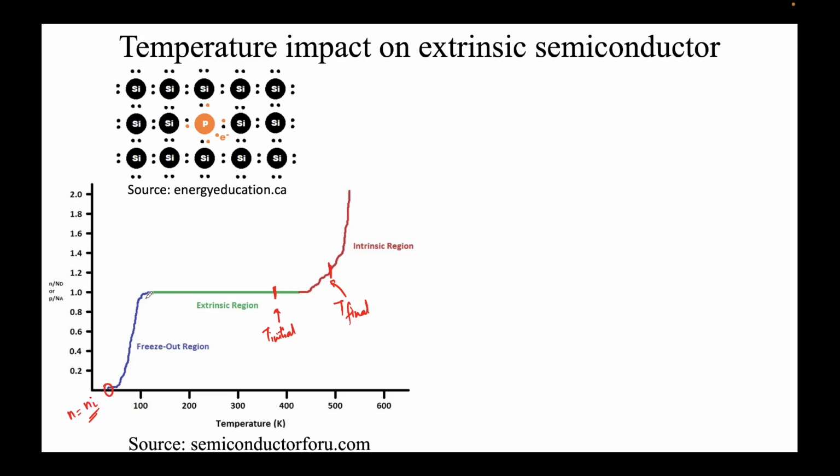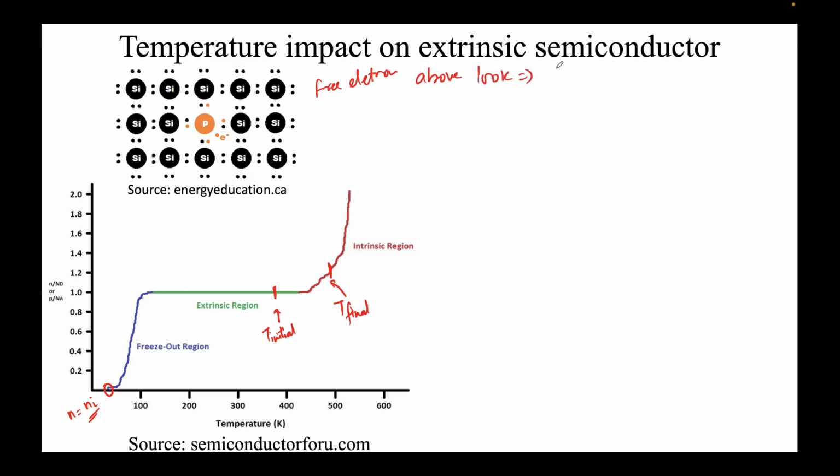However, above 100 Kelvin, this electron gains sufficient thermal energy and is freed from the Coulombic forces of this phosphorus atom, and this electron now becomes a free electron above 100 Kelvin.